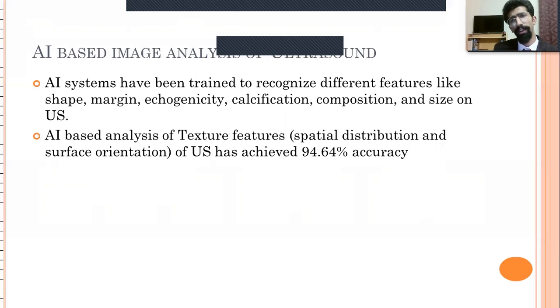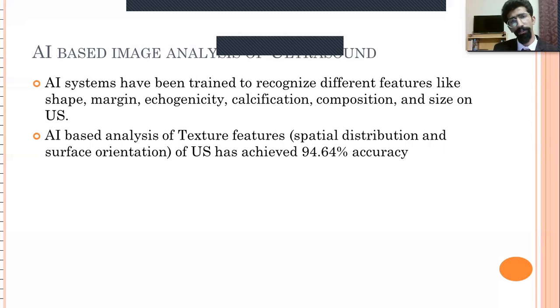The features being used as patterns for the training of those AI systems include shape, margins, echogenicity, calcification, composition, and size on the ultrasound.